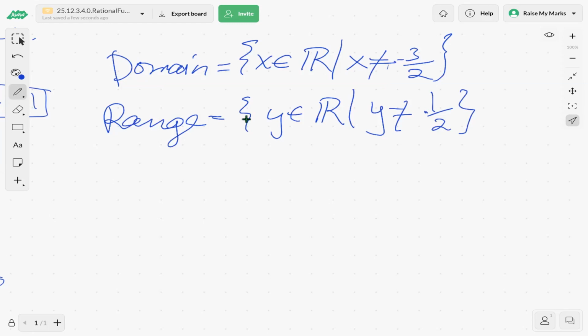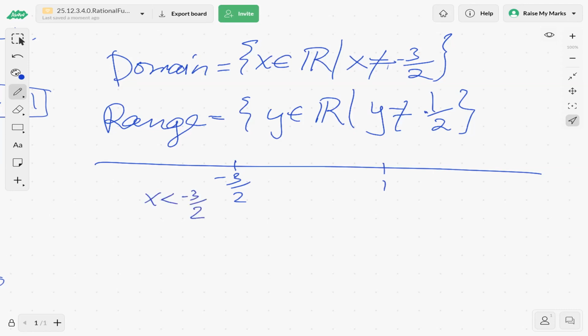Now we'll look for our intervals where our function is positive or negative. Let's look at our real number line and divide it up. We take our vertical asymptote, -3/2, as one point, and 1, our x-intercept, as another point, and divide up the real number line into the regions x less than -3/2, x greater than -3/2 and less than 1, and x greater than 1.